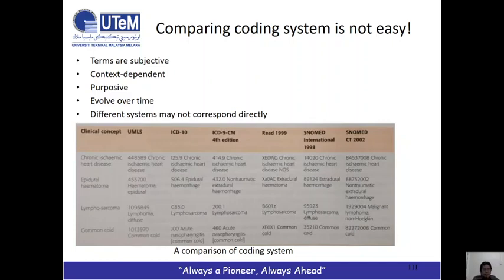When you look at this table, we have seven types of coding system. So which one do you want to use? You should map the purpose and the relevancy of the usage of the coding system to your system.